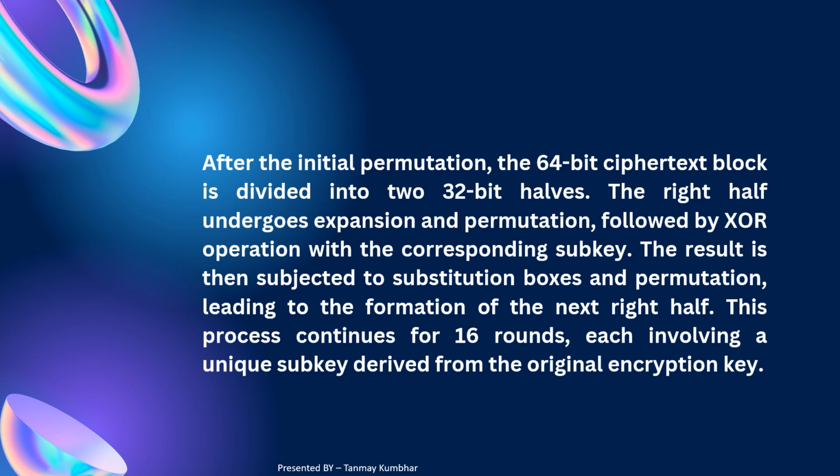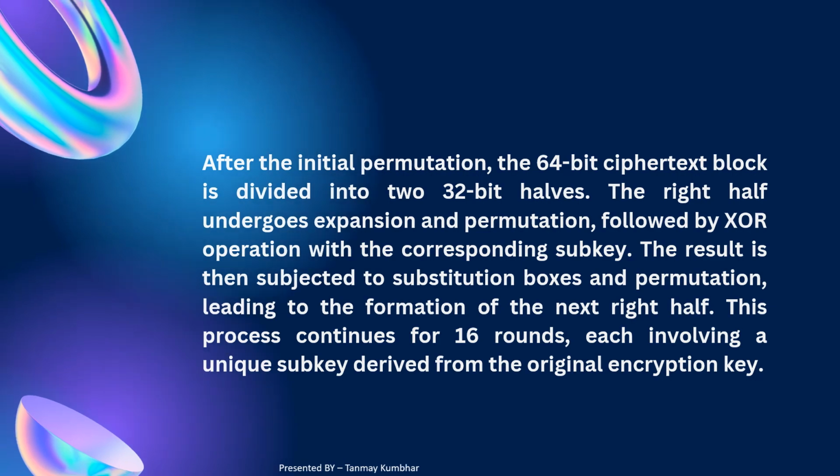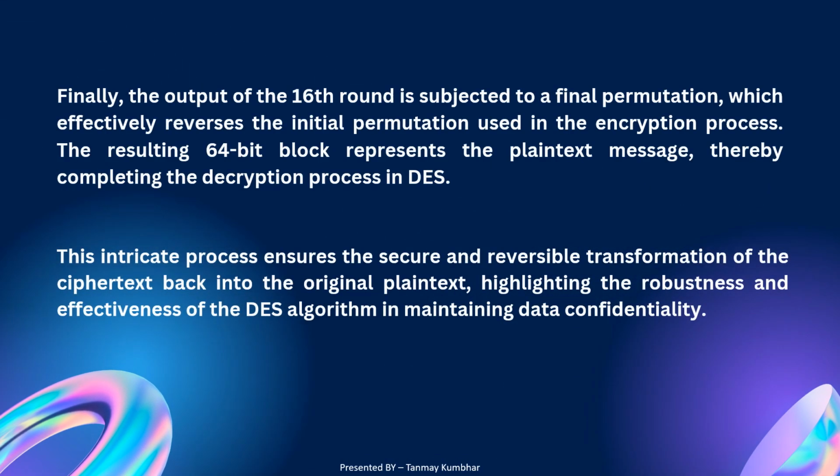The right half undergoes expansion and permutation, followed by XOR operation with the corresponding subkey. The result is then subjected to substitution boxes and permutation. Finally, the output of the 16th round is subjected to a final permutation, which effectively reverses the initial permutation used in the encryption process. The resulting 64-bit block represents the plaintext message.